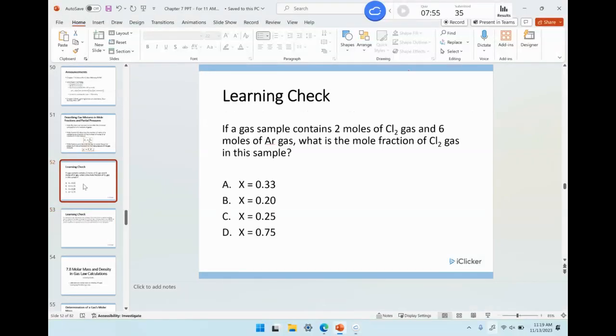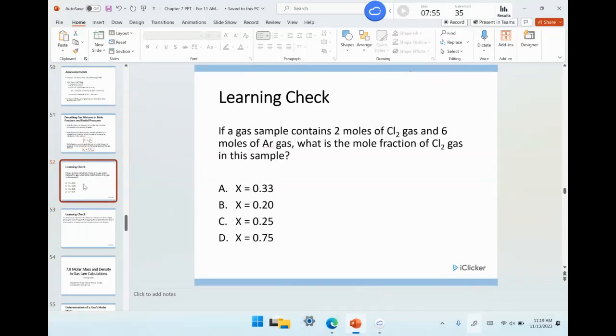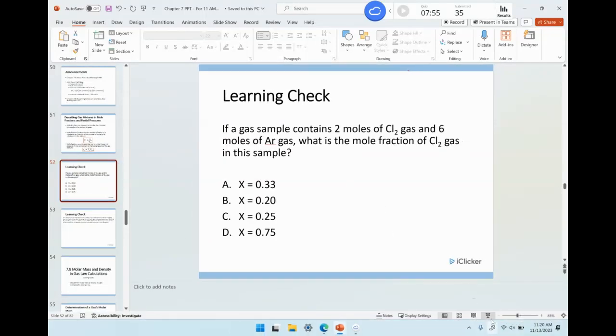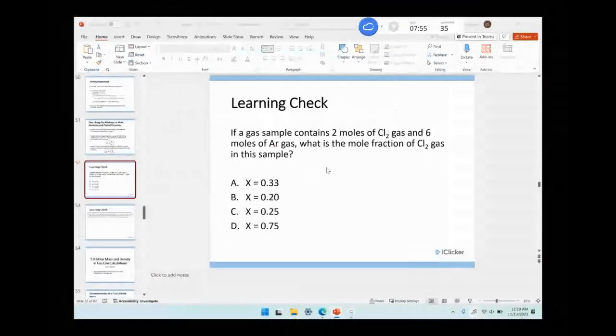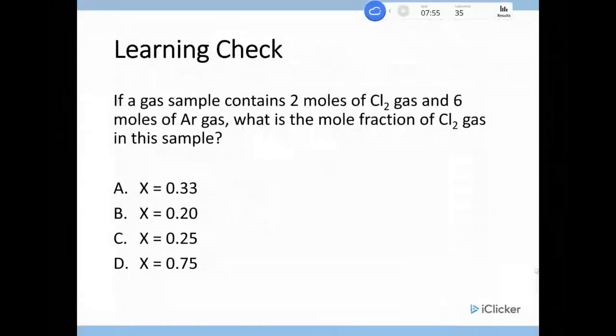All right, let's look at this one quickly, and then we'll go to the other learning check. In this question, we have 2 moles of chlorine.